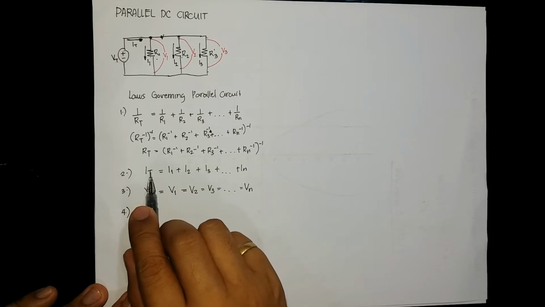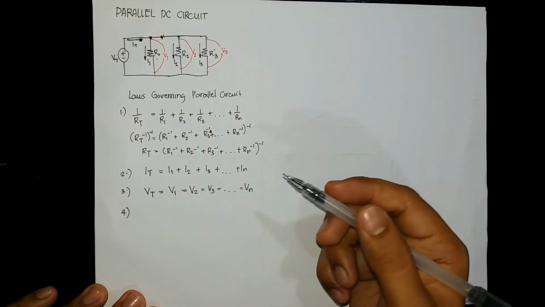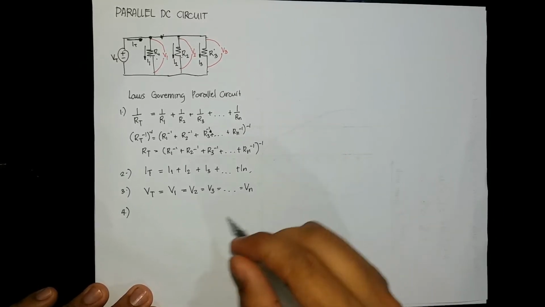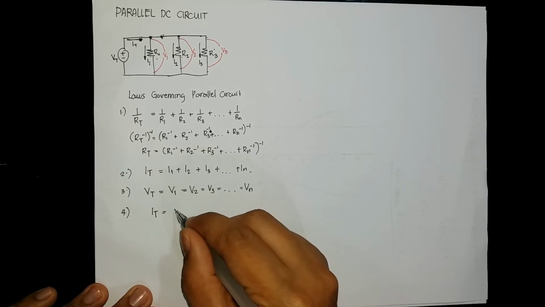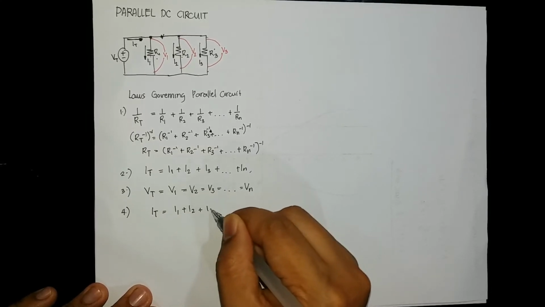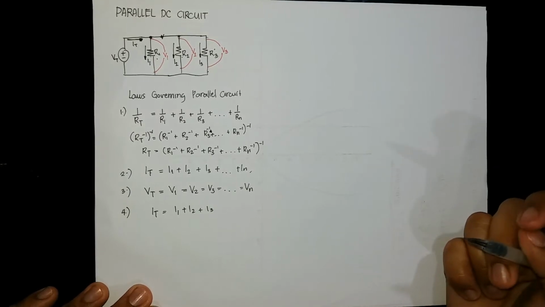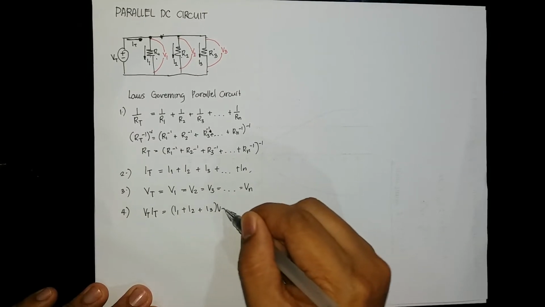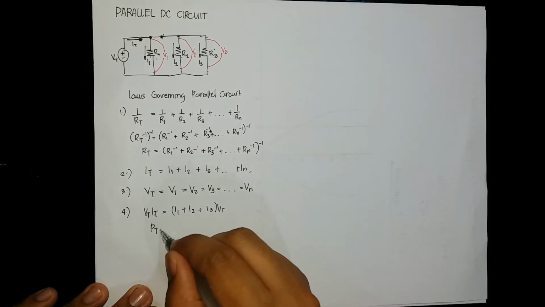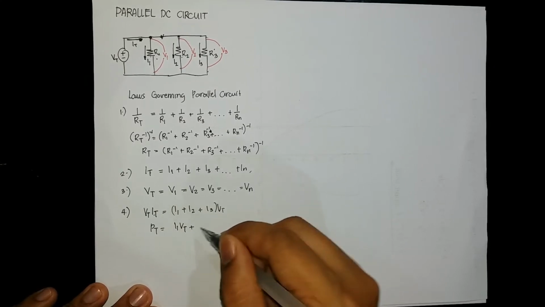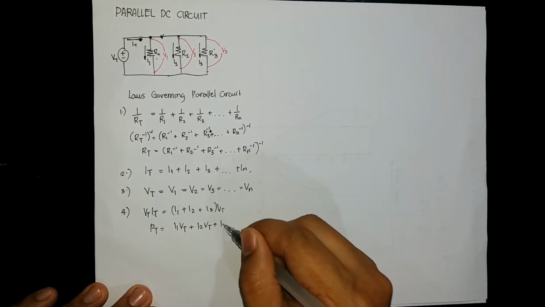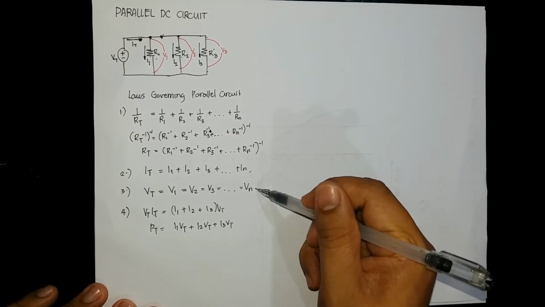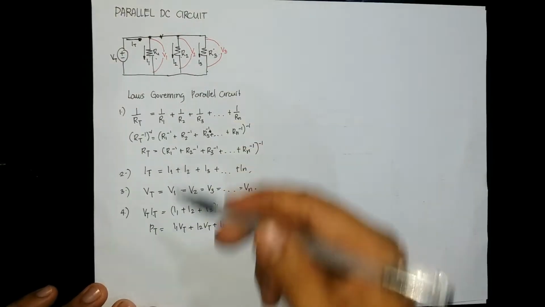So using equation number 2, or maybe I may use equation number 1, but for the convenience of the solution, I may use number 2. If I total is equal to I1 plus I2 plus I3, again, let me consider just 3 resistors. If I'm going to multiply both sides by V total, because V times I is power, then I will have I1 V total plus I2 V total plus I3 V total. And again, based from rule number 3, the voltages are equal at any resistance.